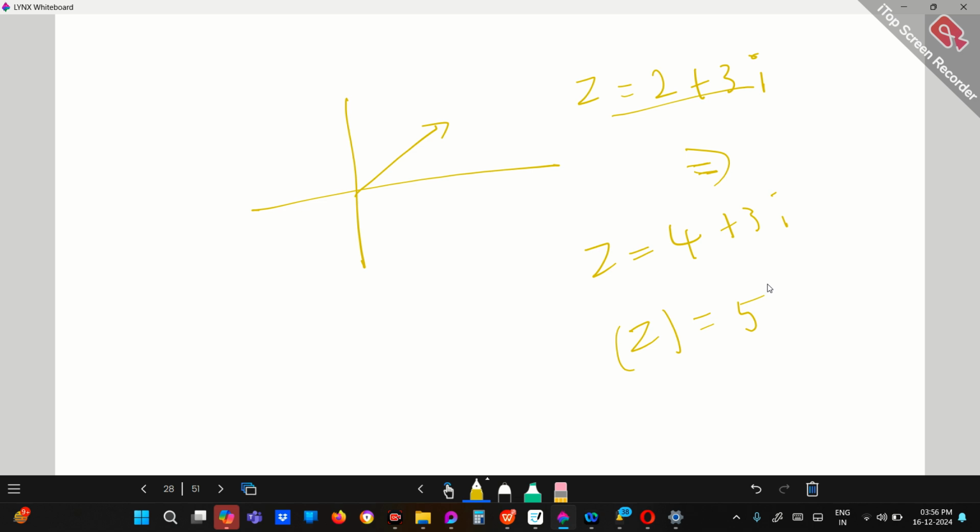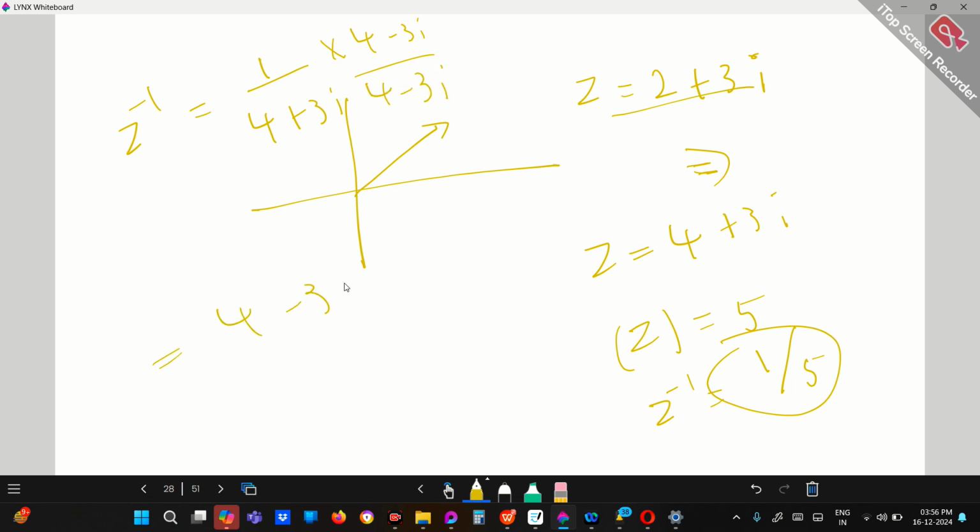If you take the inverse, the magnitude will be 1 by 5, right? Let me check whether it is correct or wrong. Let me find the inverse and prove whether it is 1 by 5. Let me rationalize it.